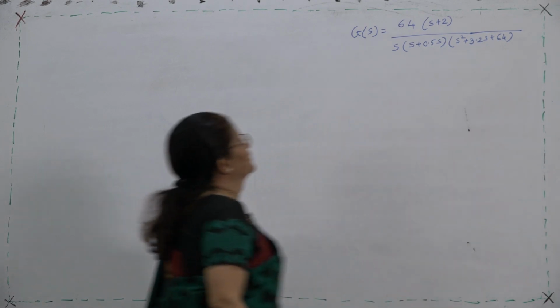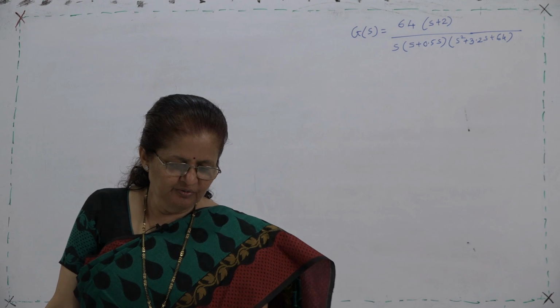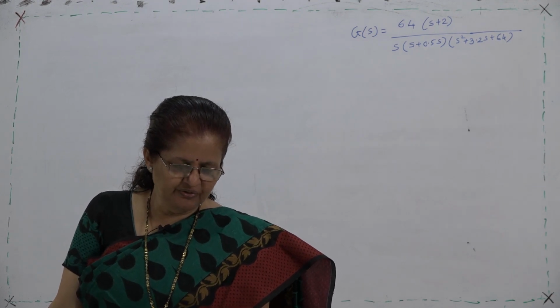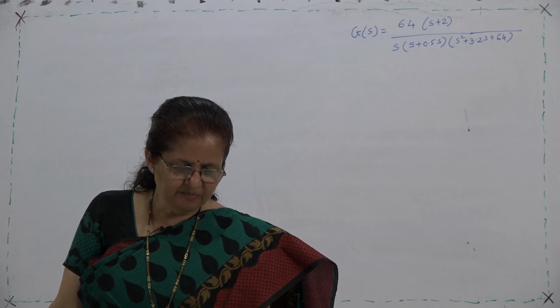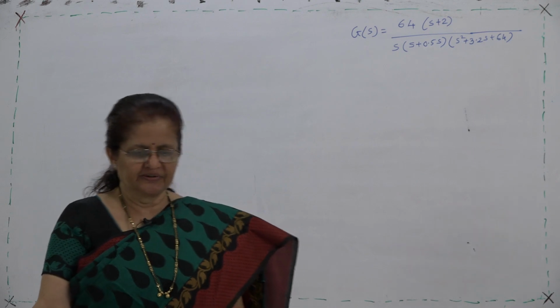So, take the problem properly and check it again: G(s) is equal to 64 into (s plus 2) upon s into (s plus 0.5) into (s square plus 3.2 s plus 64).